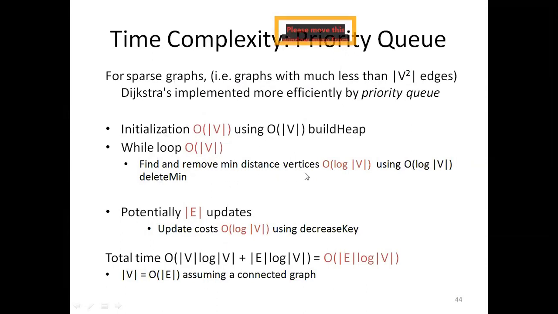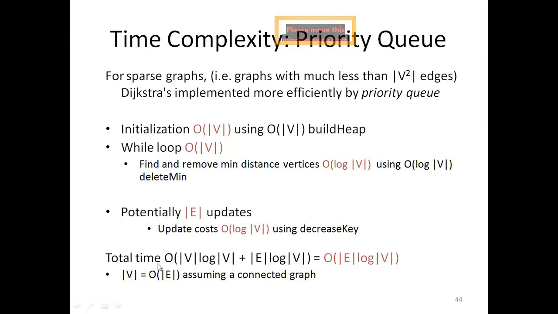Find and remove minimum distance vertices is O of log V, using O of log V delete minimum. Potentially number of edges updates. The update cost is O of log V using decrease key.